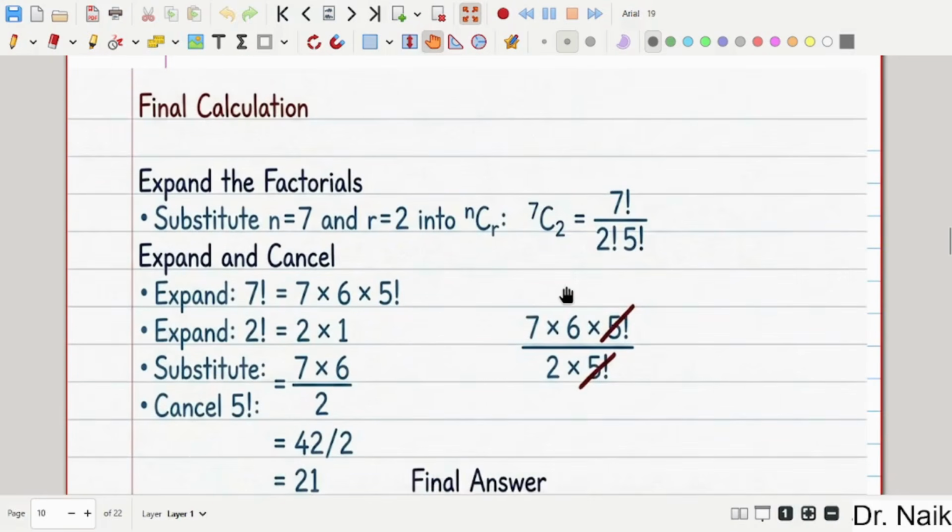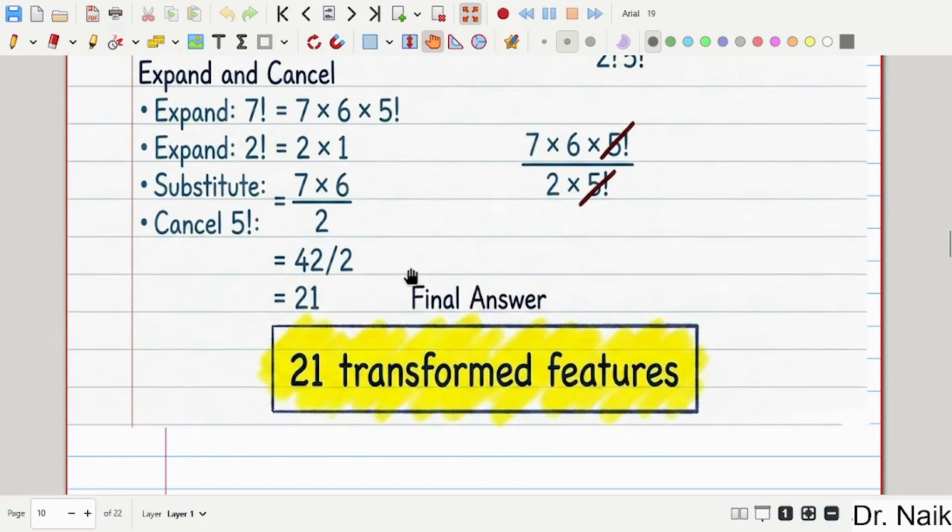Solve it. 7 factorial means 7 times 6 times 5 factorial, divided by 2 factorial times (7 minus 2) factorial, that is 5 factorial. So 7 times 6 divided by 2. 7 times 6 means 42, divided by 2 is equal to 21. Therefore the final answer is 21 transformed features.